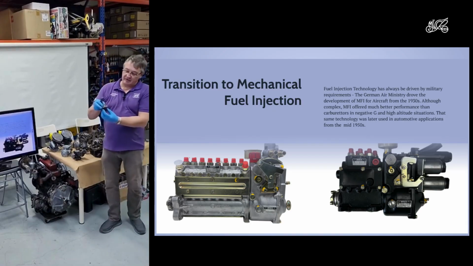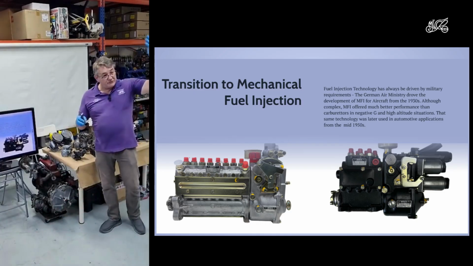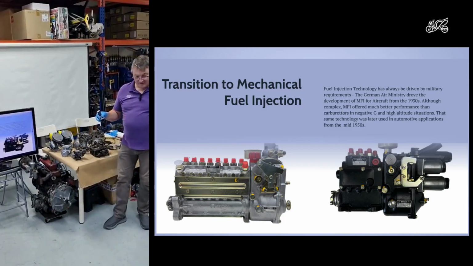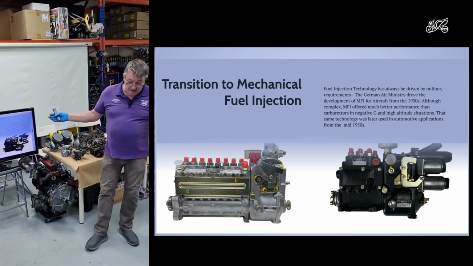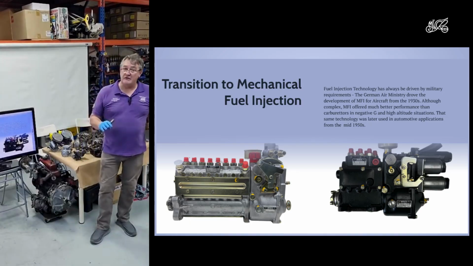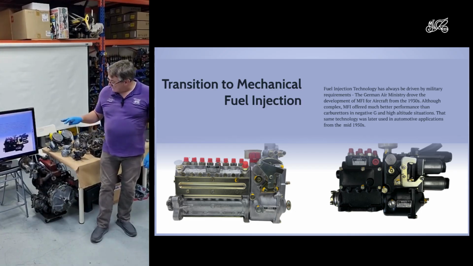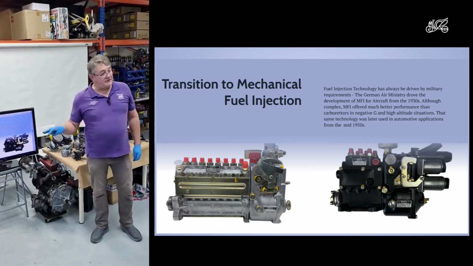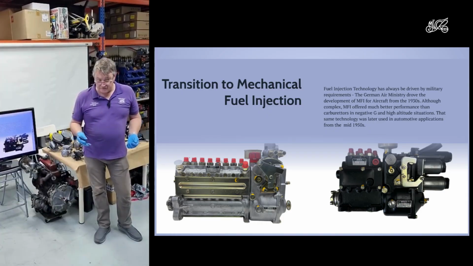So the control of the fuel in the float chamber in an aircraft, which is pulling different Gs, turns out to be incredibly difficult. And so the German Air Ministry specified in the mid-1930s that all future aircraft engines must use fuel injection. And so a number of companies in Germany started to develop mechanical fuel injection technology.